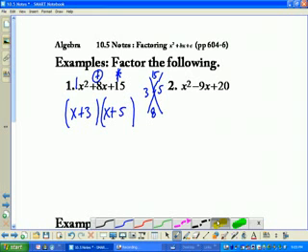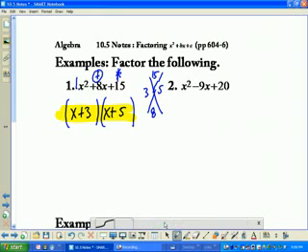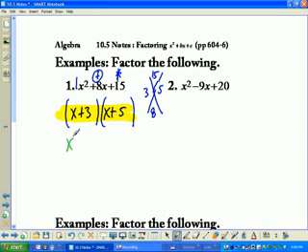Now, this is my solution. But we can use FOIL to make sure it's correct. When I FOIL, I'll get x squared plus 5x plus 3x plus 15.